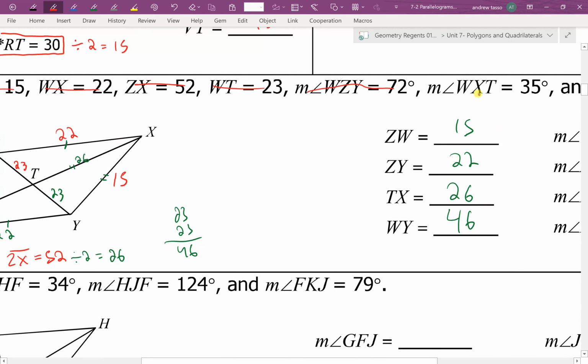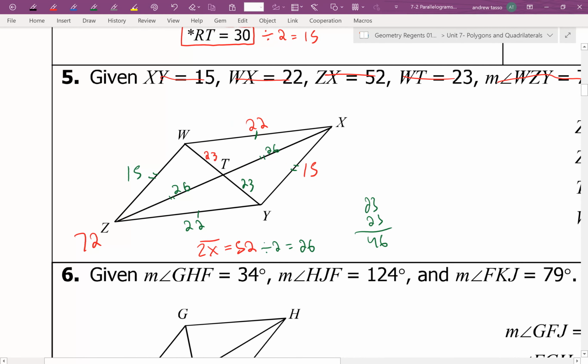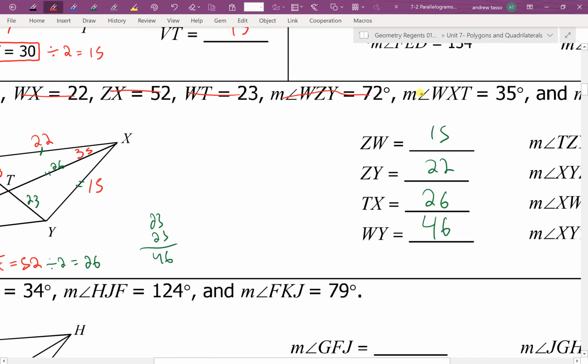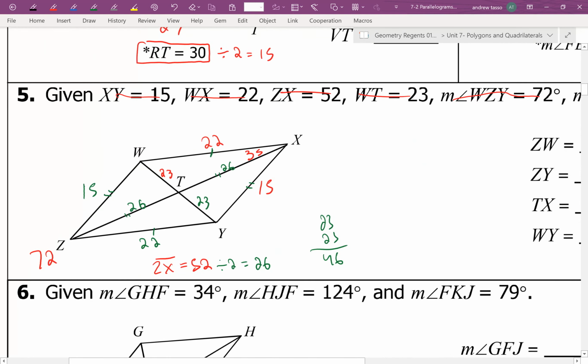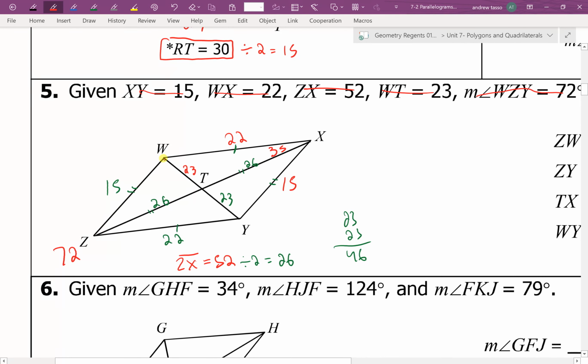But anyways, WXT is 35. So this one I'll write on the inside since it's just that portion of the angle. Okay. ZWT is 59. So Z to W to T is 59. Okay.